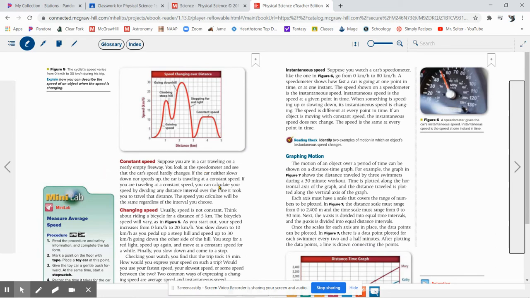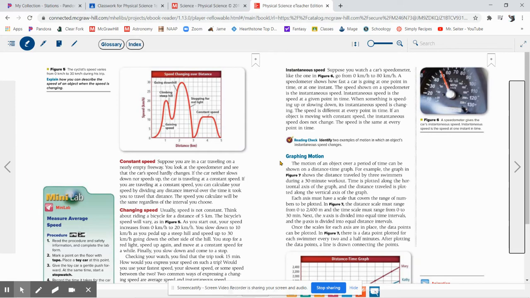Constant speed. If you look at a speedometer, you could go at a constant speed if it looks like 51 miles per hour there. You could go at that constant speed with no problem at all.